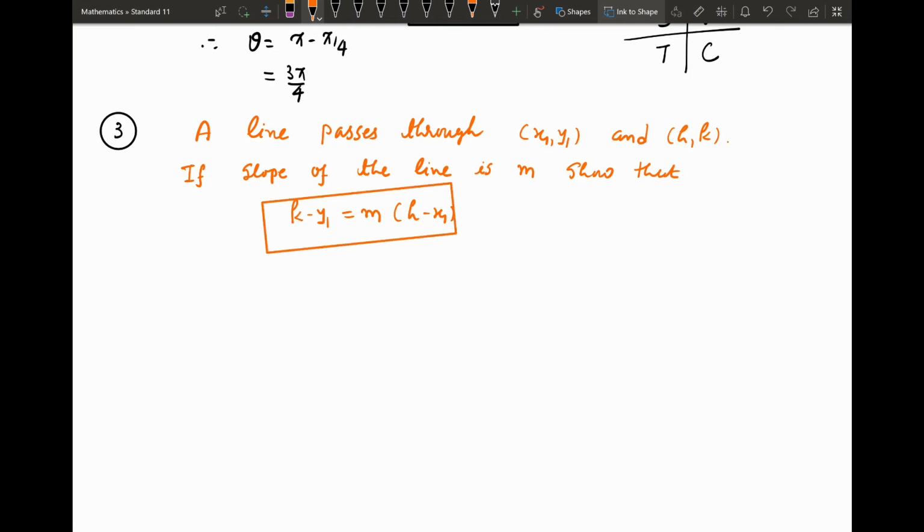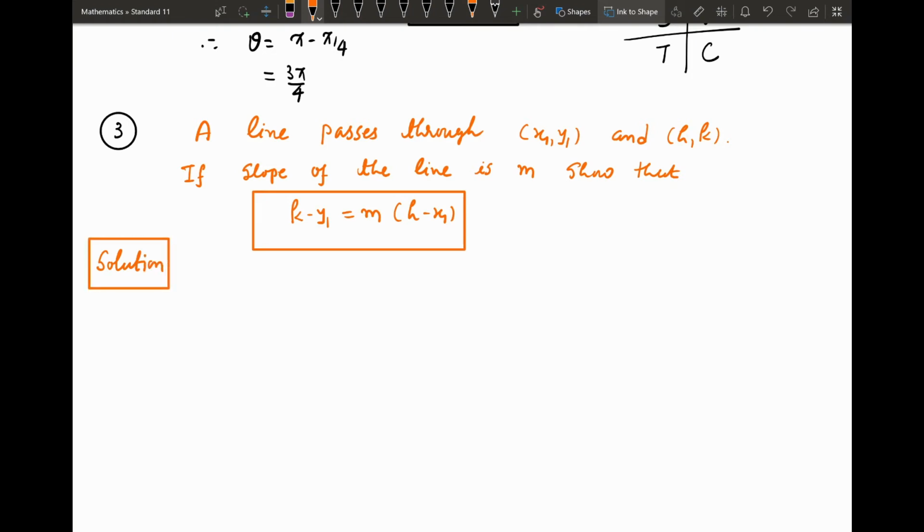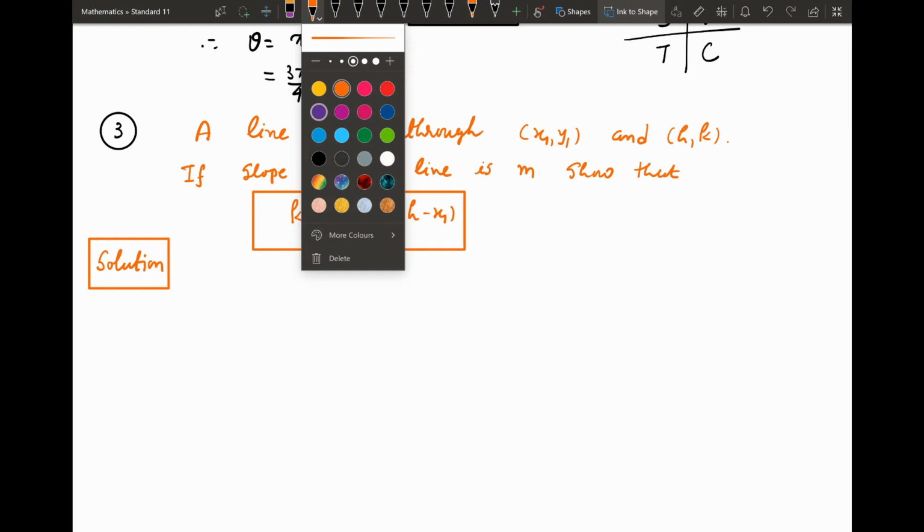We are given that the slope of the line passing through (x1, y1) and (h, k) is m. So we will simply use the definition of slope to prove this result.